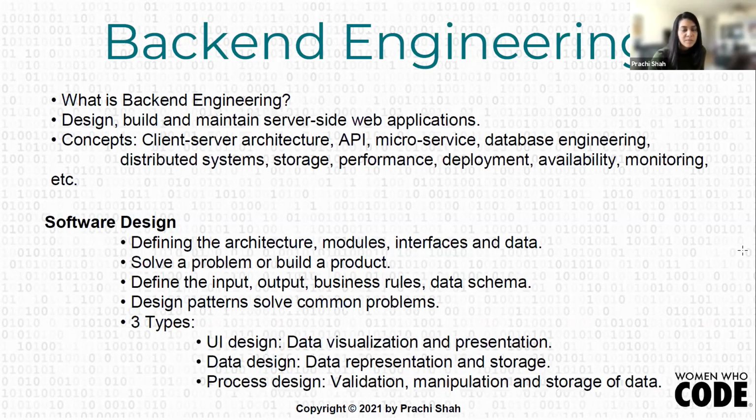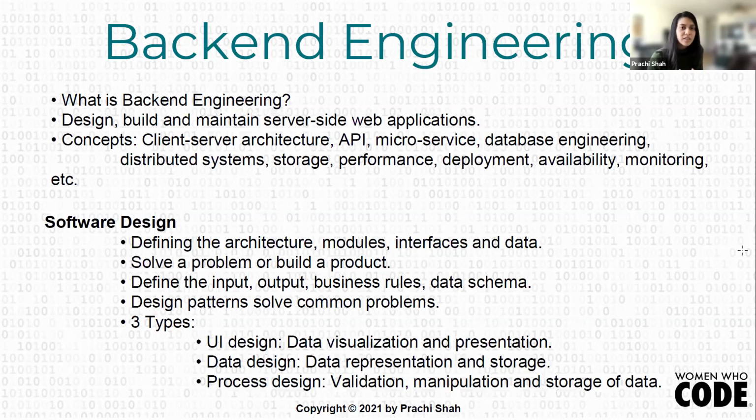As we think about backend engineering, we want to also think about some of the core concepts of software engineering in general, which is software design, where we think about the high-level architecture, as well as small different modules that interface with each other and share and manipulate data.